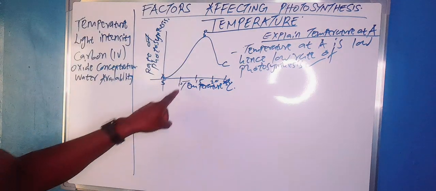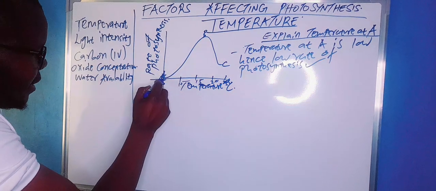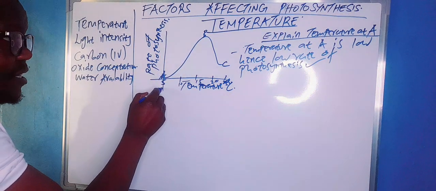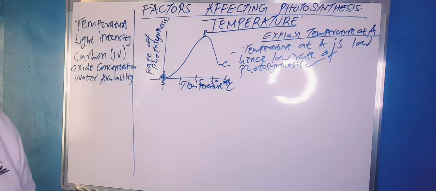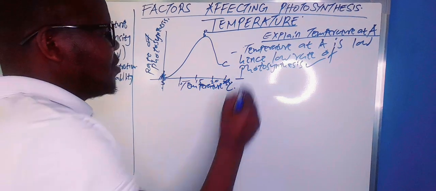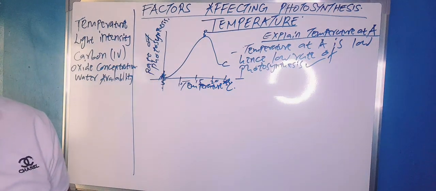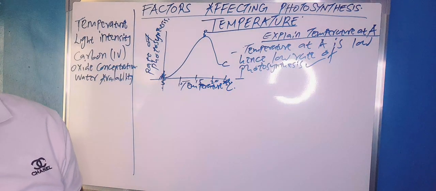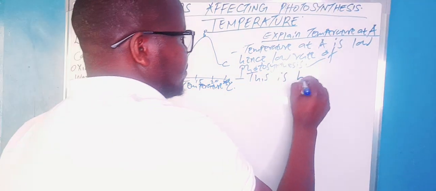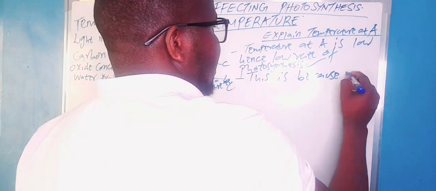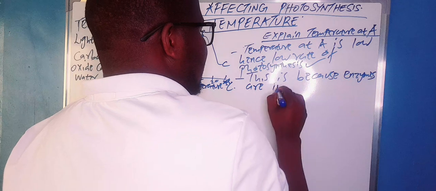Hope you are getting this. We are saying at this point, that is point A, which is 5 degrees Celsius, the rate of photosynthesis is still very low. The main reason is because of what? When the temperatures are low, enzymes are inactive. This is because enzymes are inactive.